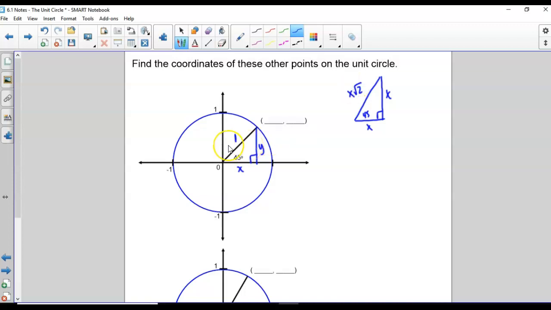So if my hypotenuse is 1, then Jade, what would I have to do to find x? Okay, so on the 45-45-90 triangle, we take our leg and we multiply it by square root of 2 to get the hypotenuse. So if we look at this triangle here, I know the hypotenuse is 1. What would I do to find the x?